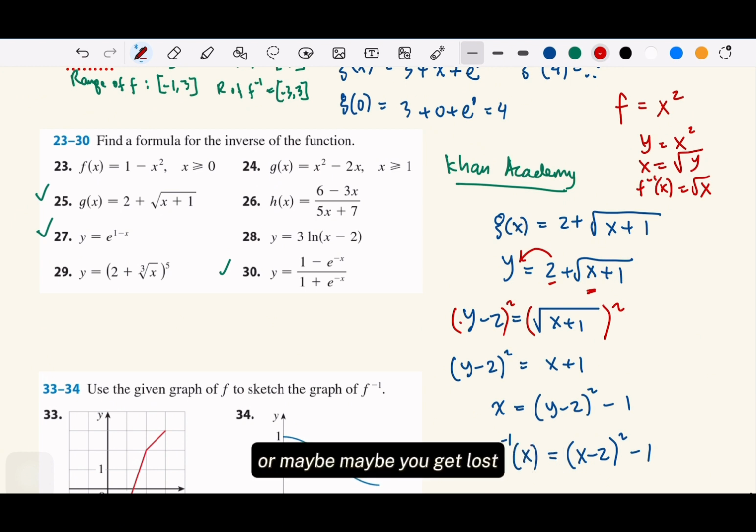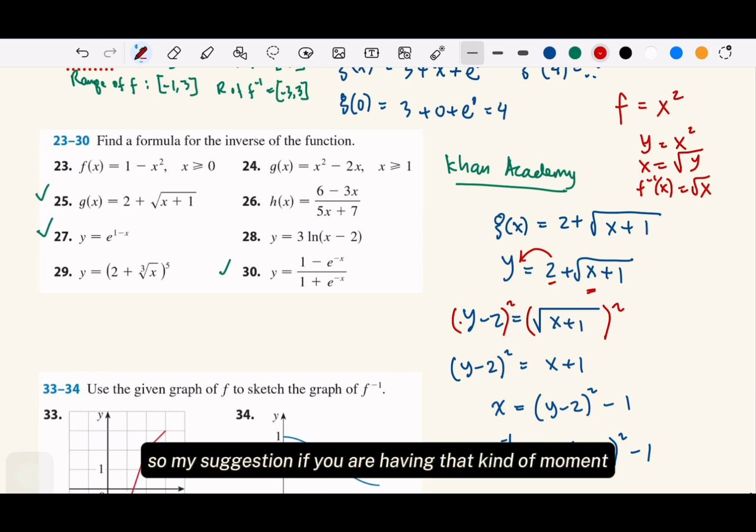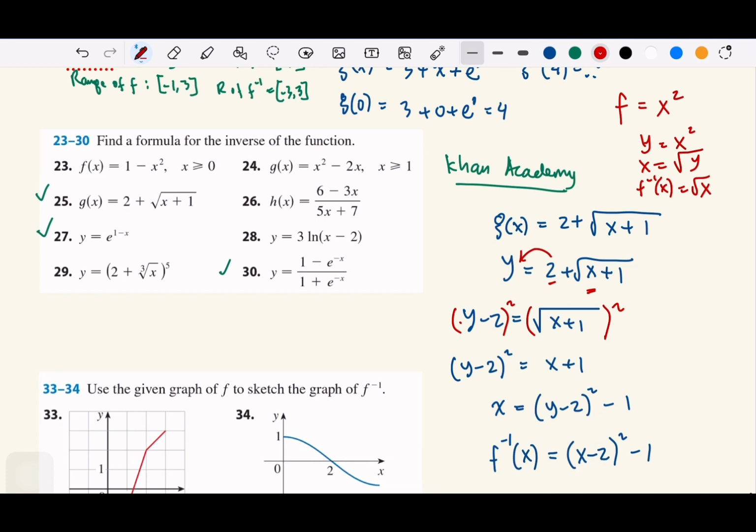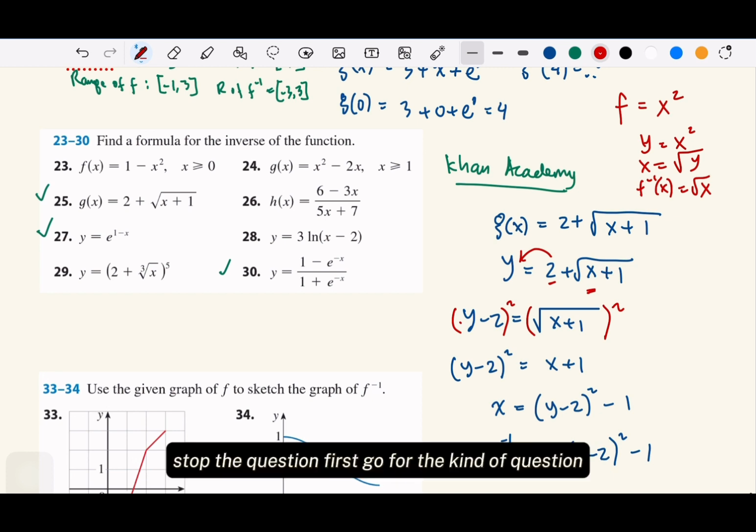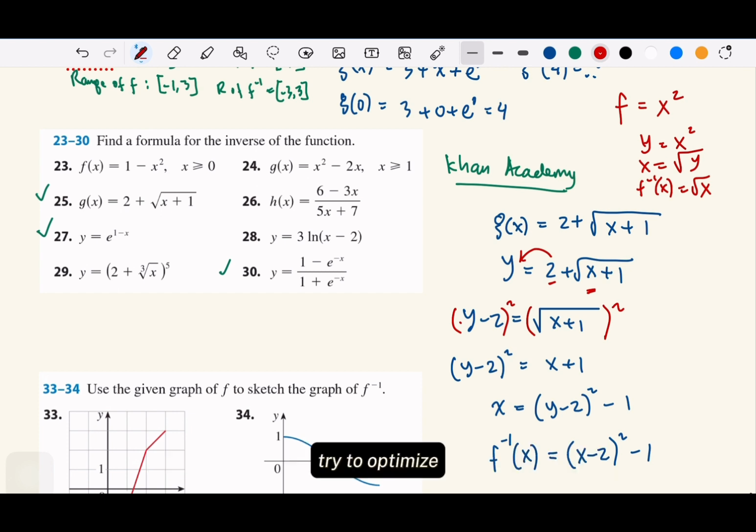Or maybe you get lost. So my suggestion, if you are having that kind of moment, stop the question first, go for the other questions. If not, then you will get stuck for most of the time. Okay. Get to the other questions and try to optimize yourself. You know your own value, right?